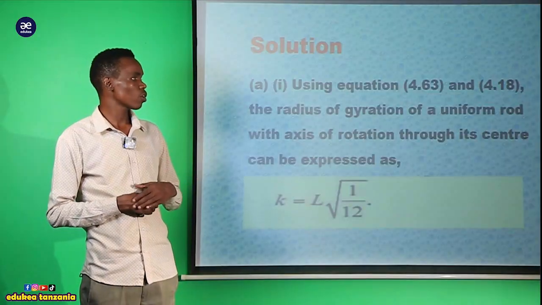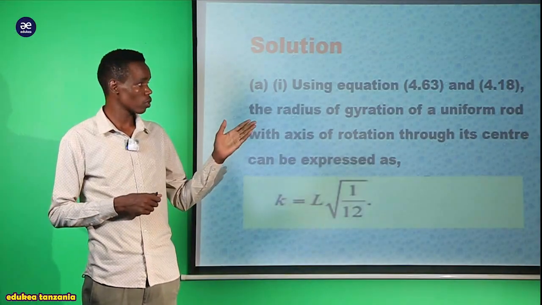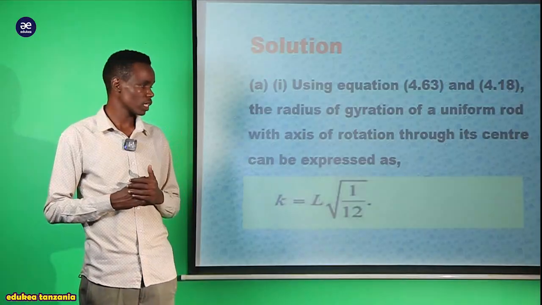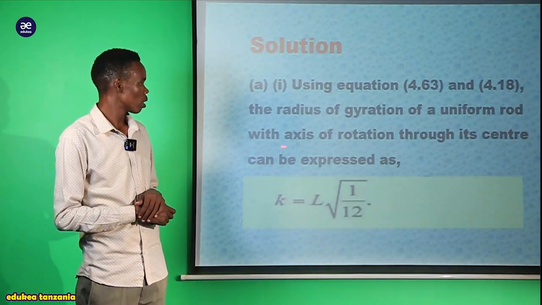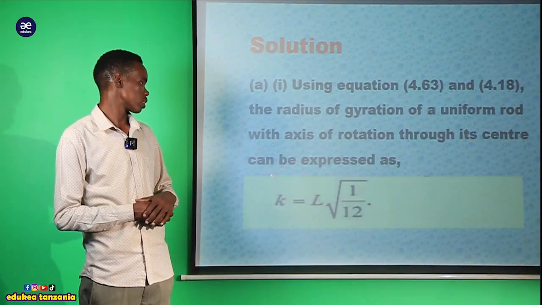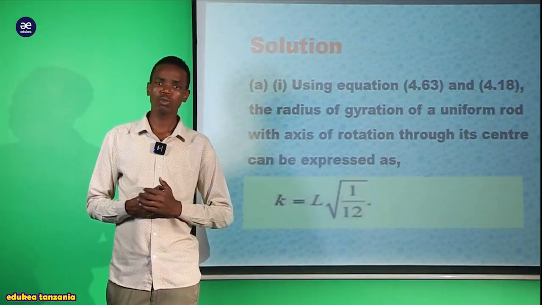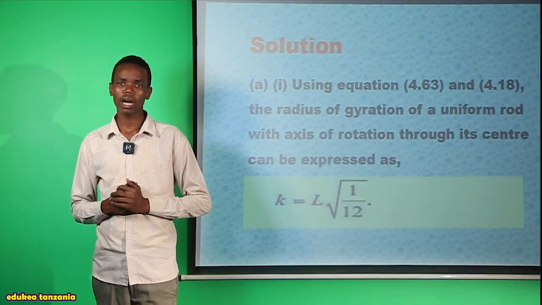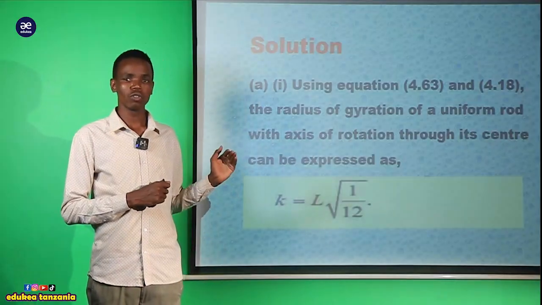So if we recall our equations number 63 and also 64 and also 18 from our first topic here, the radius of gyration of the uniform load with the axis of rotation through its center can be expressed by this one. We have seen the formula for finding the radius of gyration for the uniform load.